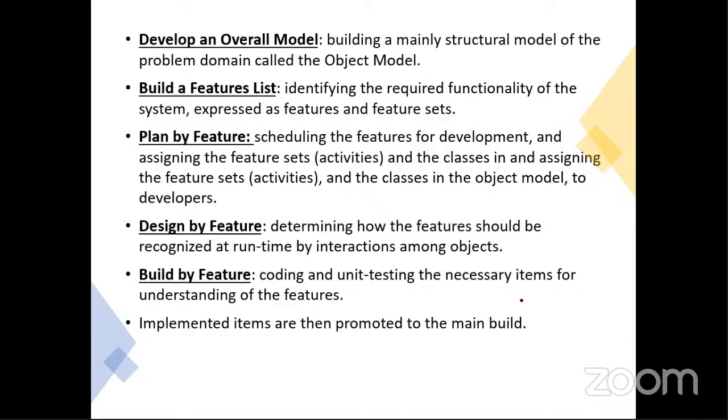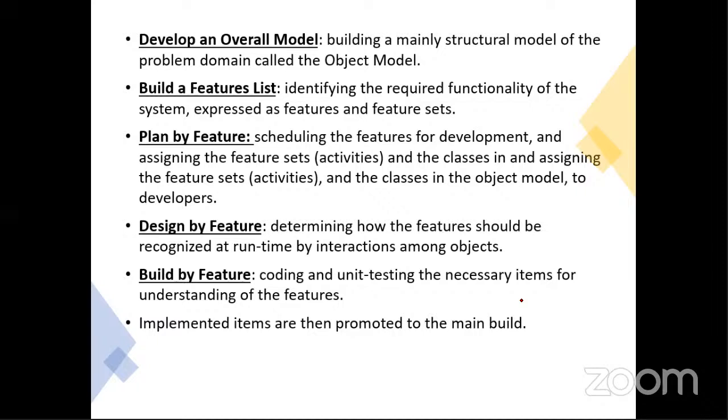Develop an overall model. Building a mainly structural model of the problem domain is called an object model. So different objects are identified based on the features, and an object model will be created. Build a feature list. Identifying the required functionality of the system and expressing it as a feature or a feature set.